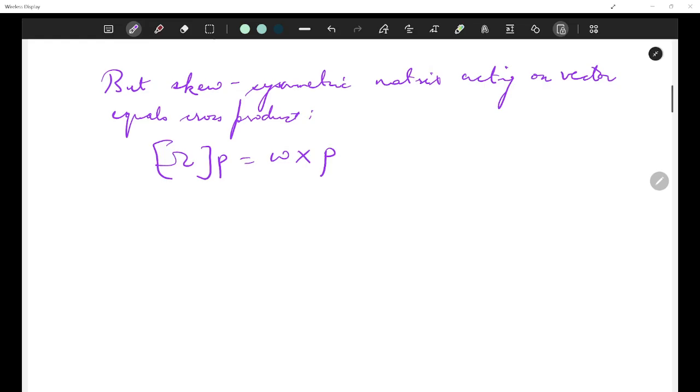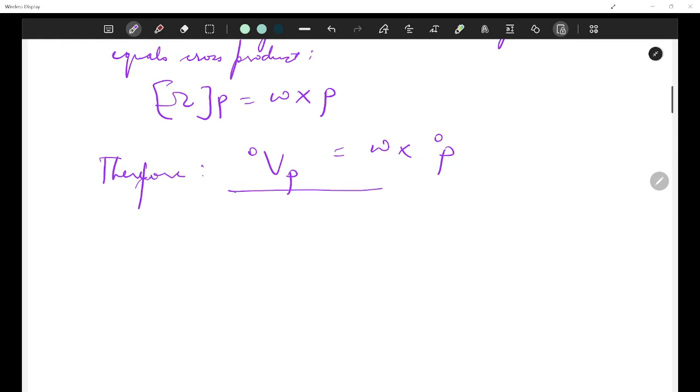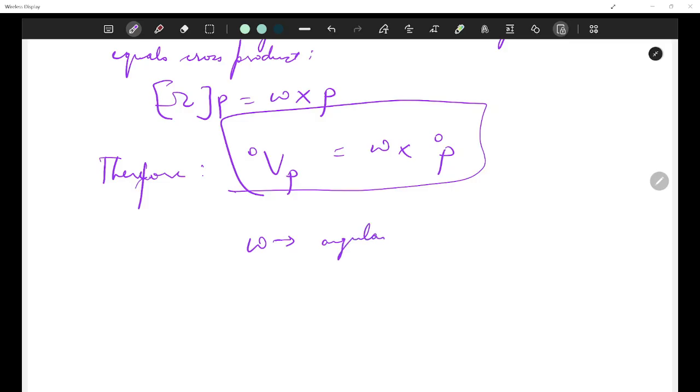Okay, so from here what we can say is, therefore, p dot equals omega cross p. This is the exact rigid body rotation velocity formula, and from here we can say that this omega is the angular velocity which comes from the skew symmetric matrix.